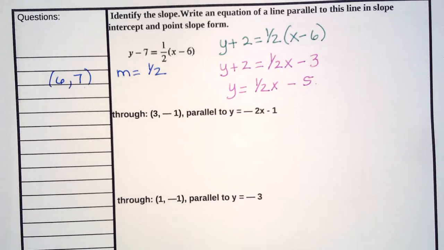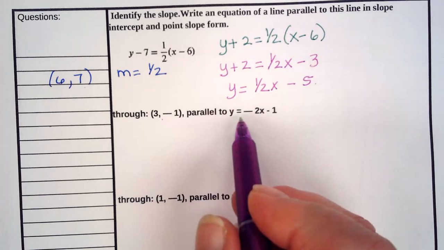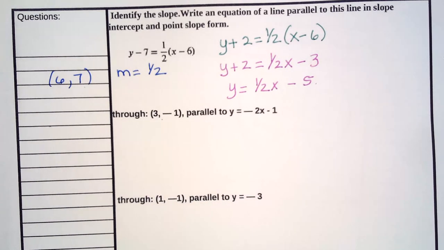Okay, that is how you do it when you know the slope and you have it in one of the two forms. What if you know a point on the line that you want to make it parallel to? So we know that we want it to go through this point, but we want it to be parallel to this equation.